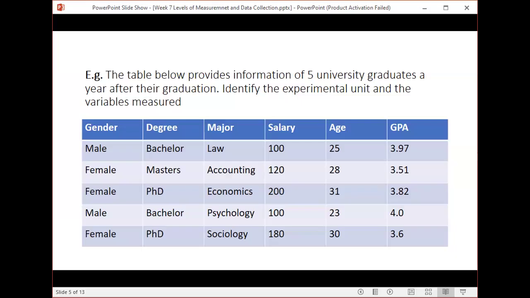Anyone to give us a different, or you are either supporting this or supporting that. Okay, so why are you saying salary and age are discrete and GPA is continuous? And when you are done, I also ask why the other person turned it around. Yes. So why is salary and age discrete and GPA continuous?